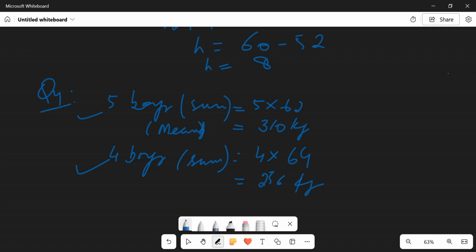Now what we need to do, you need to find out the mass of the boy who is excluded. So minus 256 from 310, you will get the mass of the one boy who is excluded.